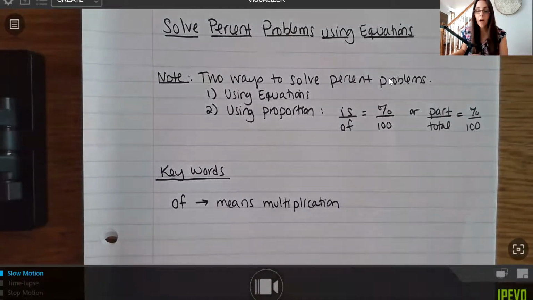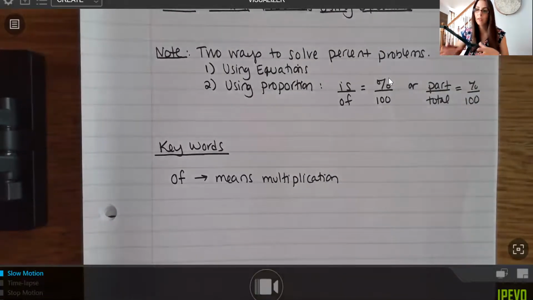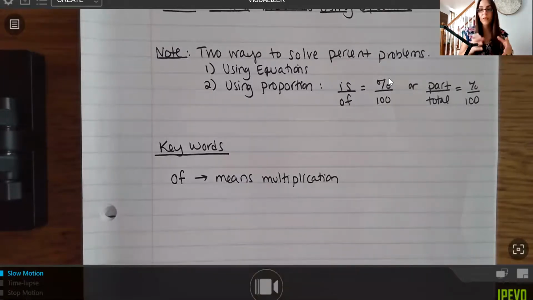And of is used a lot, as I mentioned already, for multiplication, particularly with things that are parts of a whole. So we use of a lot with decimals, with fractions, and with percents. So we'll say something like 40% of a number, or we'll say 3/4 of the total. So when we have parts of a whole, we tend to use that word of a lot, and it represents multiplication.